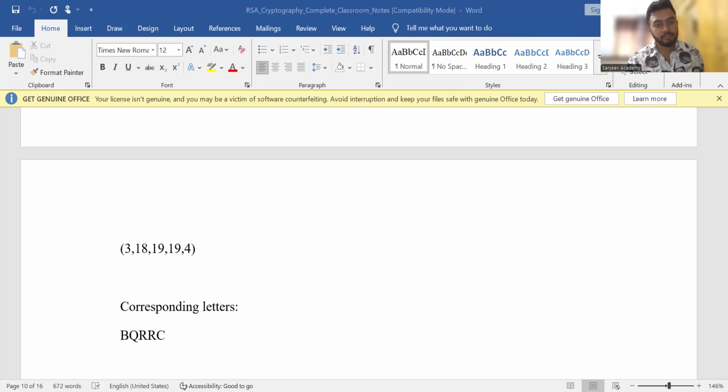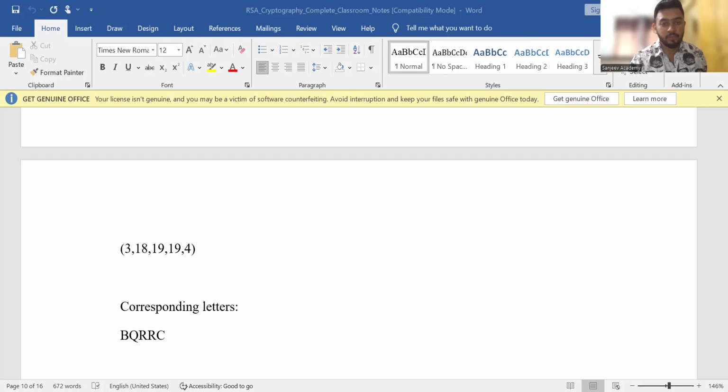This is done. Similarly, you have to do what? For E. E value is 6. 6 power 3 mod 33. Correct. So 6 power 3 is what? 216. 216 mod 33. Okay. So that also you have to find the remainder. 18. 18 is what?